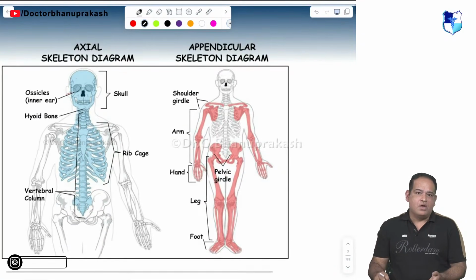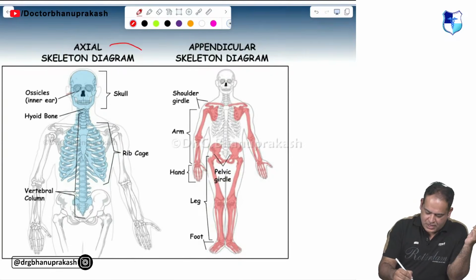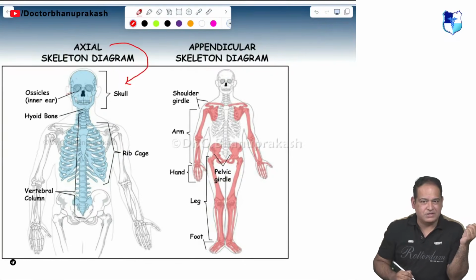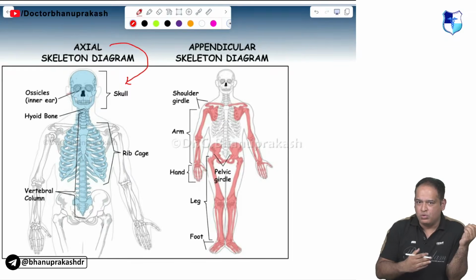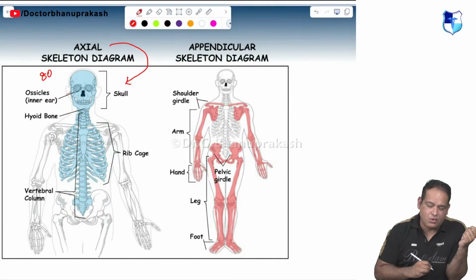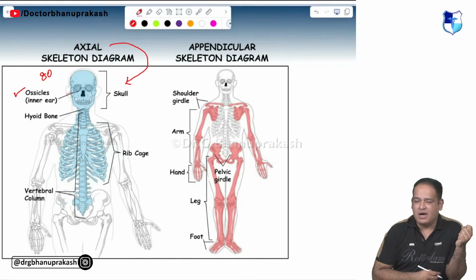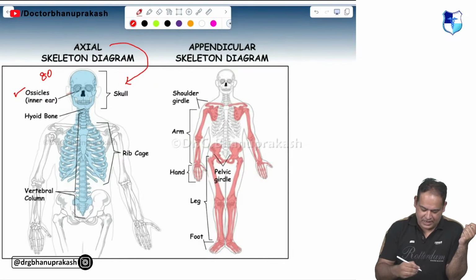Now, see here. First, we'll start with the basic anatomy, right? Whatever you see on your screens, the blue-shaded bones are a part of the axial skeleton. How many bones are there? Around 80 bones. Ossicles and the hyoid bone are included in the axial skeleton.